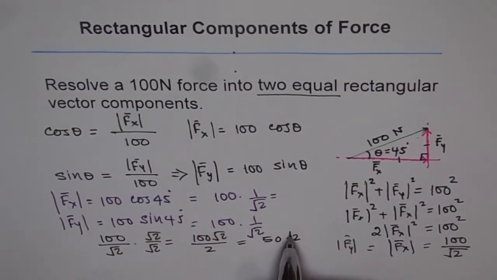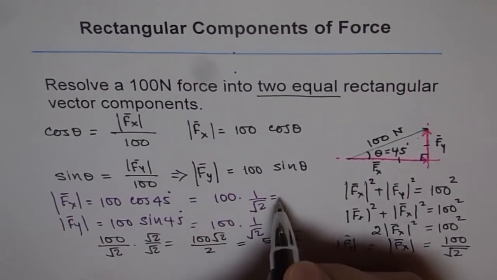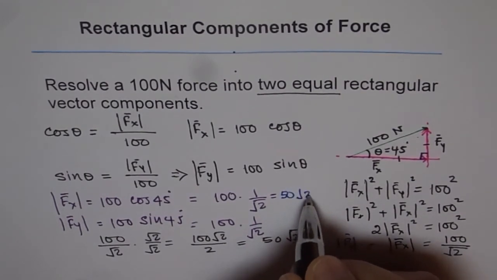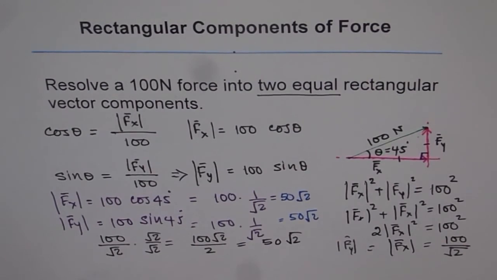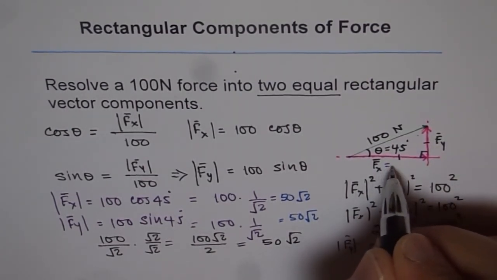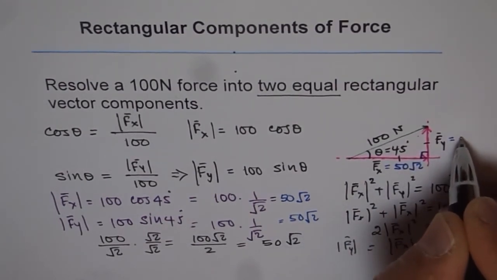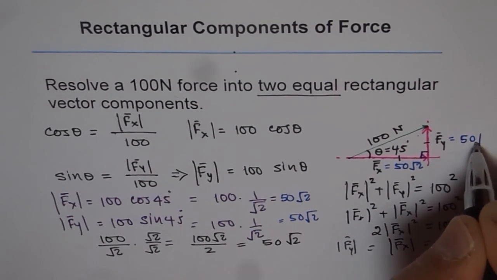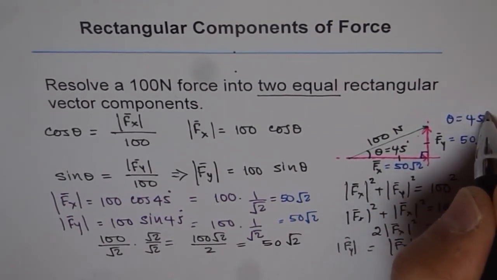So that's an alternate, better way of writing your answer. So we see that the horizontal component is 50 square root 2, the magnitude, and the vertical component magnitude is also 50 square root 2 if angle theta is equal to 45 degrees.